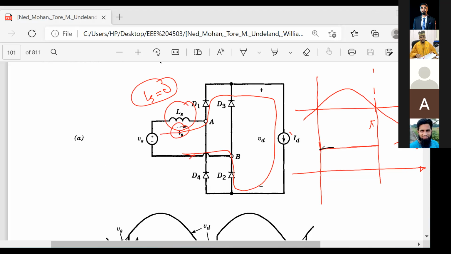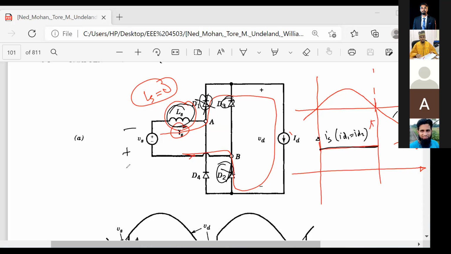This is your say IS, and also this is ID1, ID2. That means this and that. Okay, for the negative half cycle, then D1 and D2 will just stop conducting. And since we have the path, we are still considering LS is equal to 0.